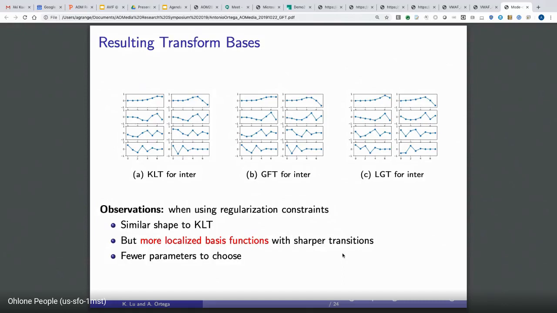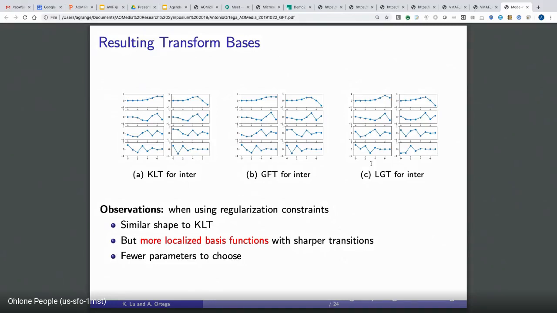Okay, so now when we do that, we start learning bases that look pretty similar. After you're approximating the inverse of the covariance, which would have the same eigenvectors as the KLT, right? So the eigenvectors will be the same, and so we see that the bases look similar, but what we find is that when we regularize with the line graph, the bases are more localized, and that's kind of interesting.